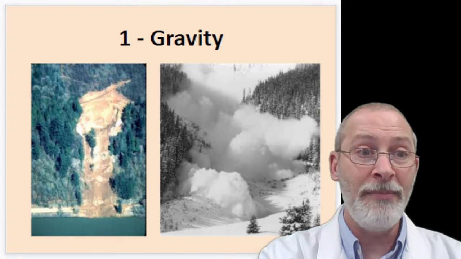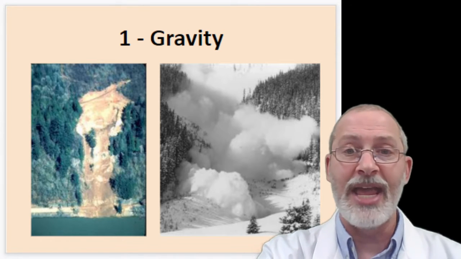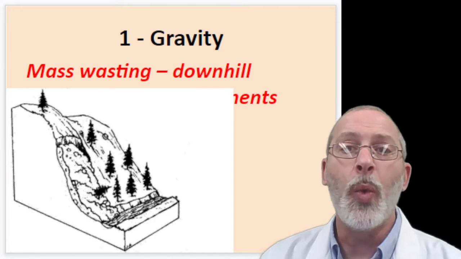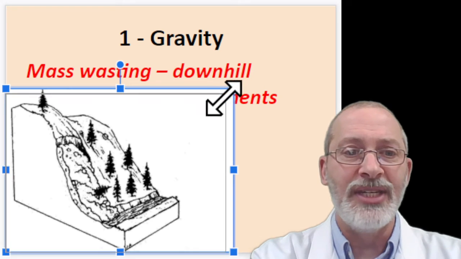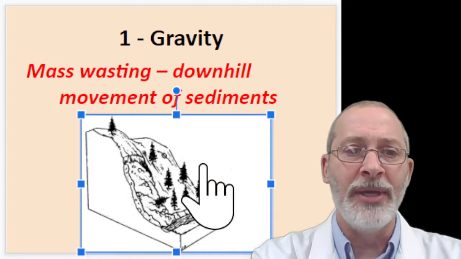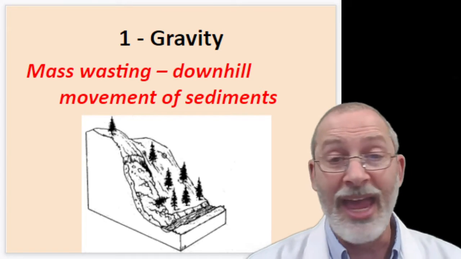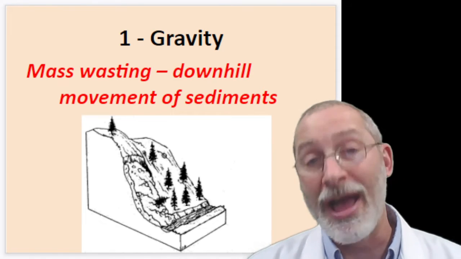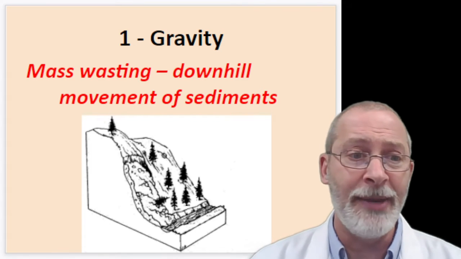So we've got some examples of how gravity can pull things down, and together we call it mass wasting. Mass wasting is the downhill movement of sediments, and those sediments move downhill due to gravity. Now, not all mass wasting is the same.